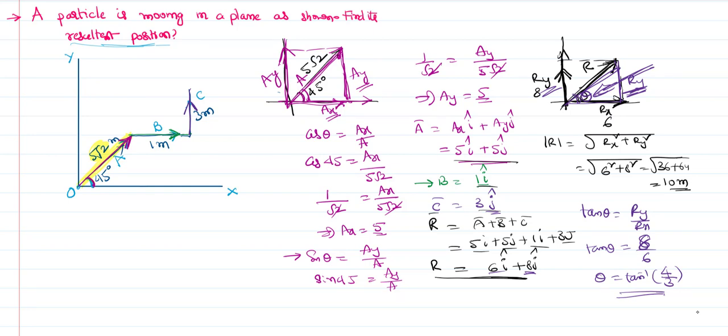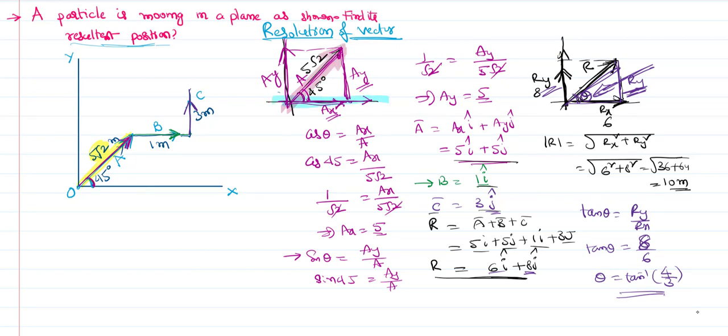To solve these problems, the most important part is the resolution of a vector. How you resolve a vector is an important part of solving this kind of problem. You need to resolve a vector when it is neither completely along the x-axis nor completely along the y-axis. In that case, simply resolve it this way.